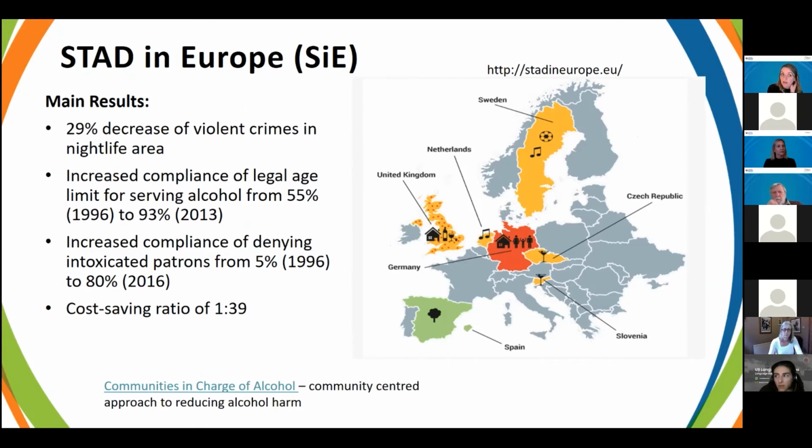This is just a nice infographic I've totally stolen, and obviously referenced, from the STAD in Europe project, and you can see some of the great work in the areas that they've highlighted and worked in. So in terms of decreasing violence, they've seen a 29% decrease of violent crimes in nightlife areas, and also with the legal age limit, that's now increased compliance going forward.